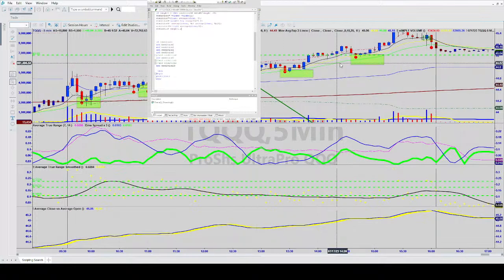Okay, well, it's not doing anything significant, but VWAP over. I mean, that's pretty close to that top VWAP, which I do not like.